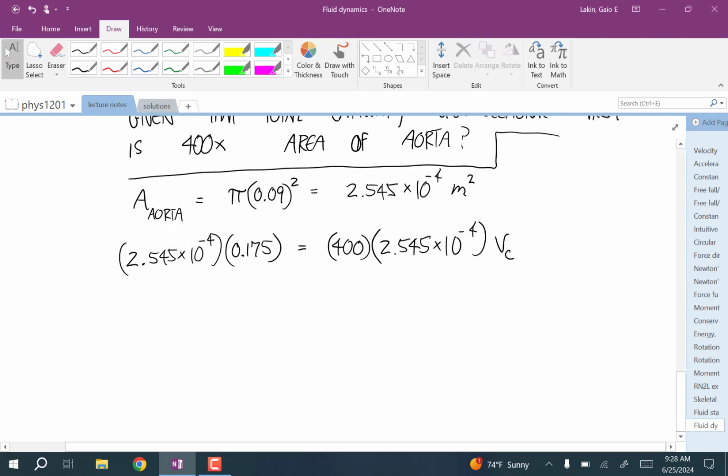And so now if you divide all this out, you get that the speed of blood going through the capillaries is about 4.4 times 10 to the minus fourth meters per second. So it's very slow, but these capillaries are also very short, and there's a lot of them, and that's how blood is transmitted to cells.